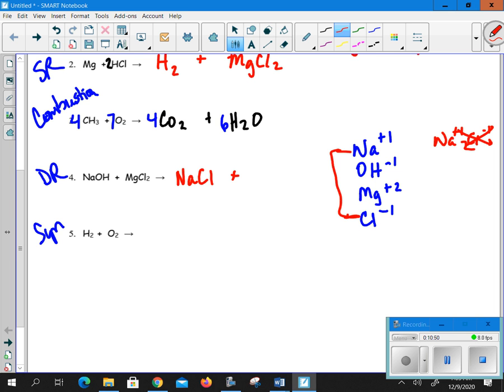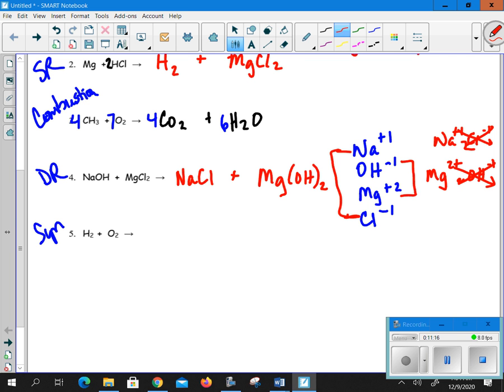Then we would take the positive of the second one and the negative of the first one, which is Mg 2 positive, and OH -1, and we would crisscross them. That would end up creating Mg, and then OH is going to need a 2 on the outside of it, which means it has to have parentheses. Okay.